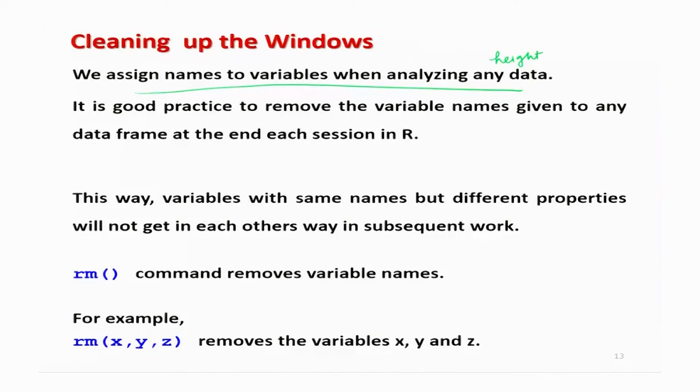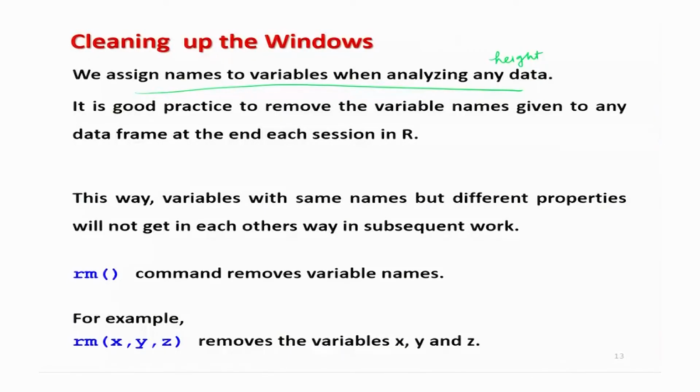Now, what will happen is that all the values which you had stored in the variable height in your earlier problem, this new variable height and its value will overwrite it. The older values will be removed and the new values will be there. And for that, R does not give you any option. R will not ask you whether you want to overwrite or not. Once you have pressed enter, the things are gone.